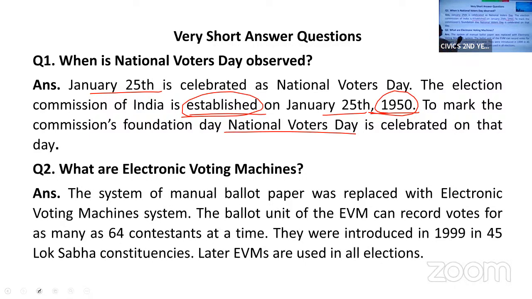Next is EVMs, electronic voting machines. The manual ballot paper system was replaced with electronic voting machines. These machines can record votes for as many as 64 contestants at a time, in one go.